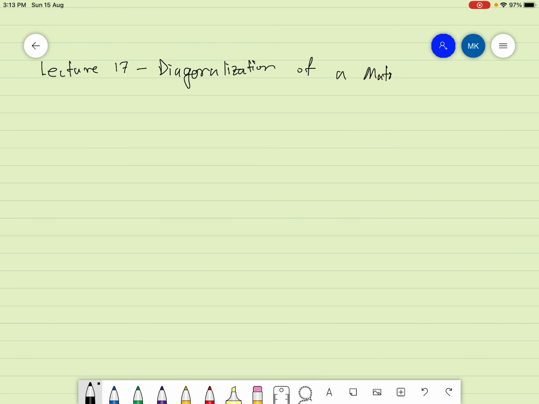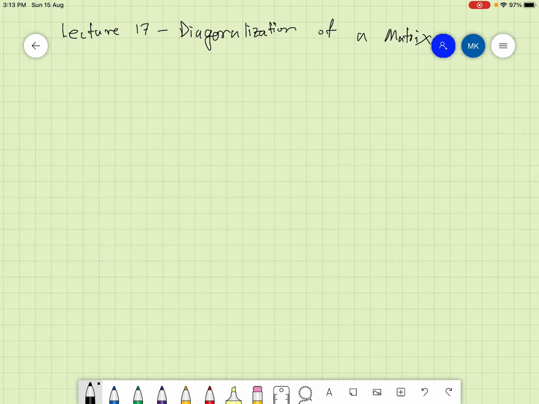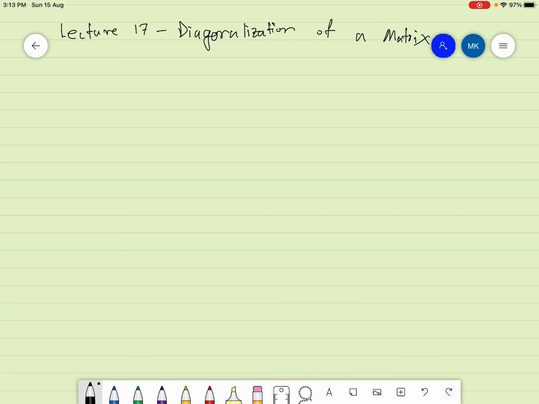So you saw in the previous lecture that Ax equals lambda x whenever x is an eigenvector. So that eigenvector is multiplied by a scalar number that is called the eigenvalue.